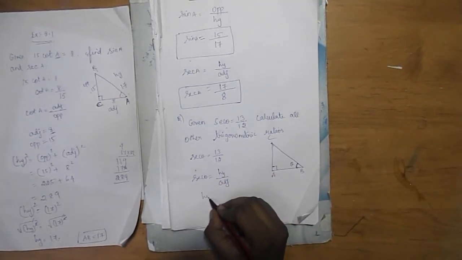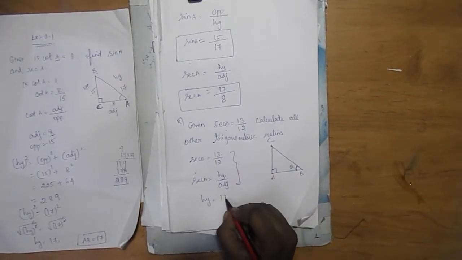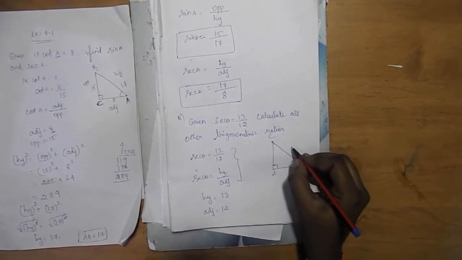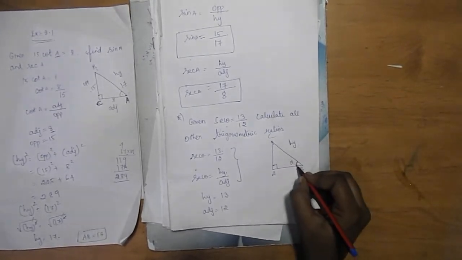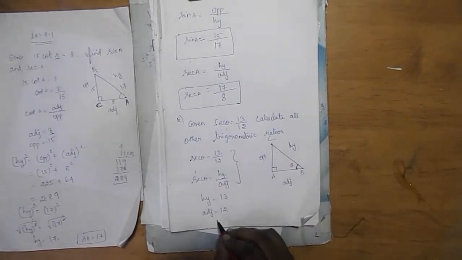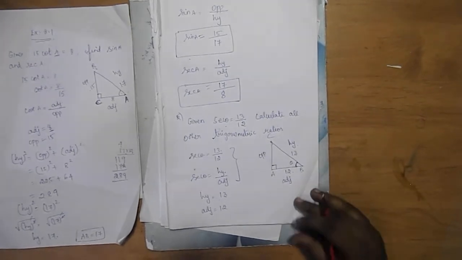So here, comparing these two values, hypotenuse value is 13. Then adjacent value is 12. So this is the hypotenuse side and theta opposite, this is the opposite side and this is the adjacent side. So hypotenuse value is 13 and adjacent value is 12.